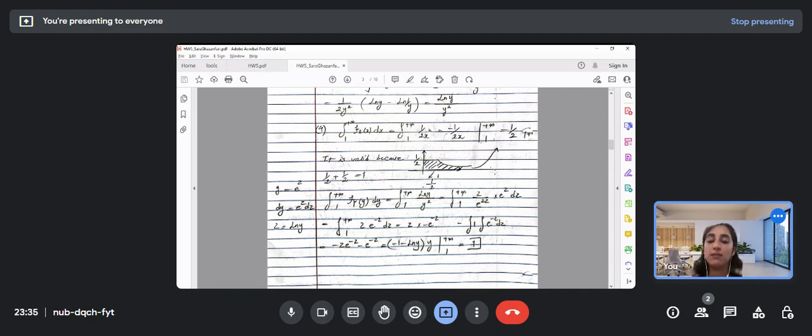Let's go to Y. We need to calculate the integral of the marginal density function of y in the range 1 to plus infinity.